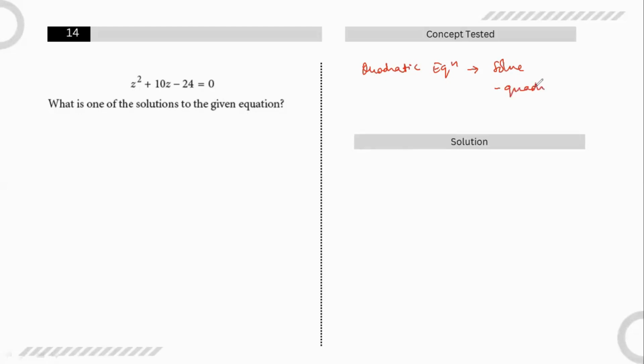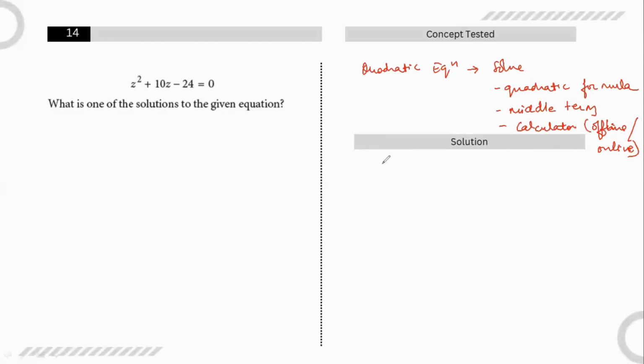You can use the formula to find the value of x, or middle term splitting. Or you can use a scientific calculator or the on-screen calculator, maybe the offline calculator which you will carry to the center, or the online calculator, which is the Desmos calculator, which you can use.